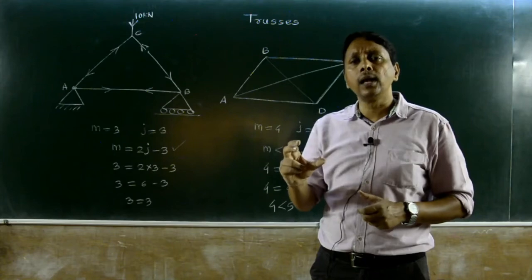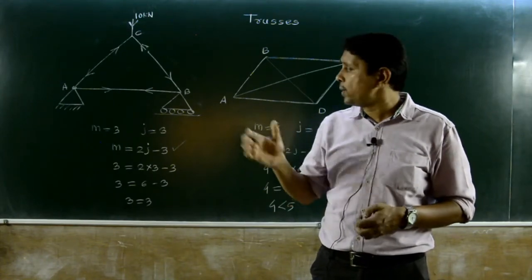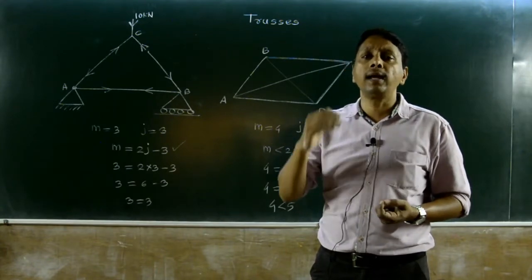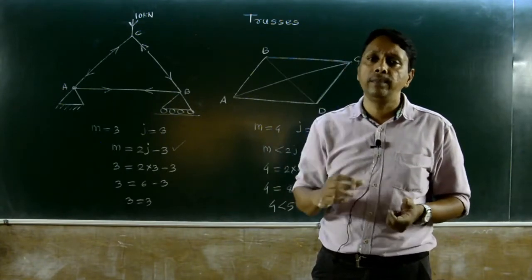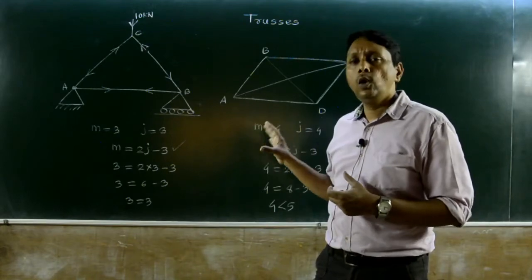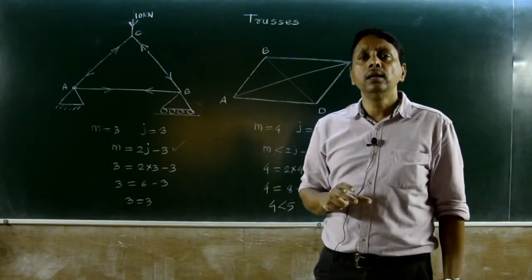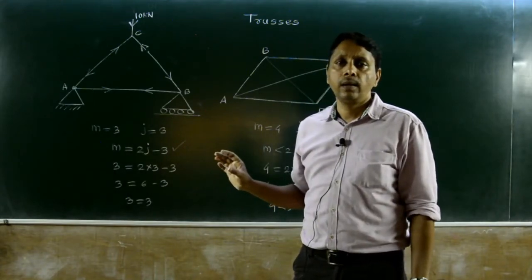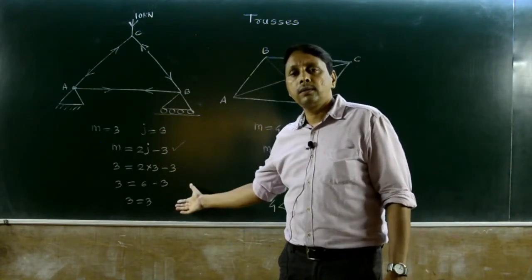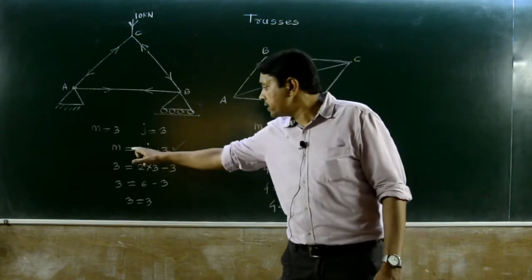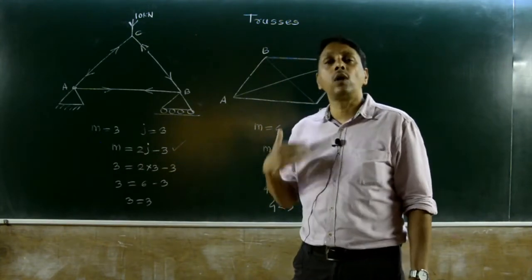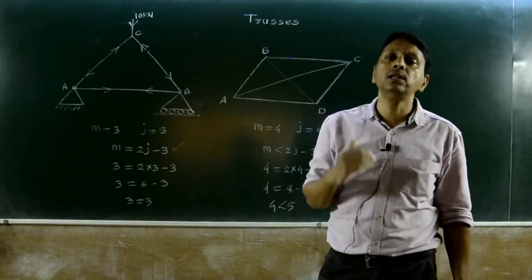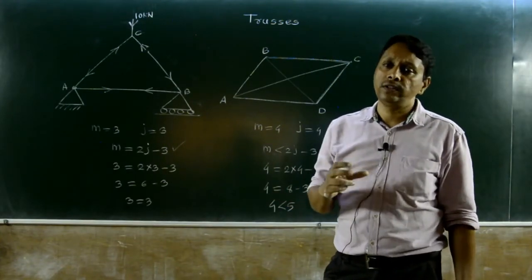To solve numericals, we are not going to discuss anything new; we are going to apply the concepts of beam reactions and FBD. The only thing we have to check is whether the given truss is perfect or imperfect. Every truss which follows the relation M equal to 2J minus 3 is called perfect or stable. Otherwise, it is imperfect, deficient or overstiff.